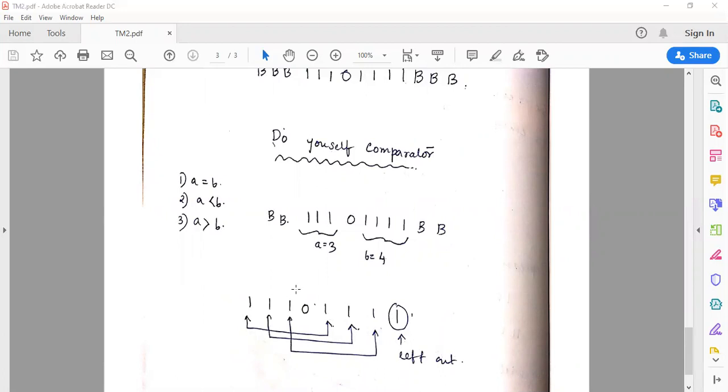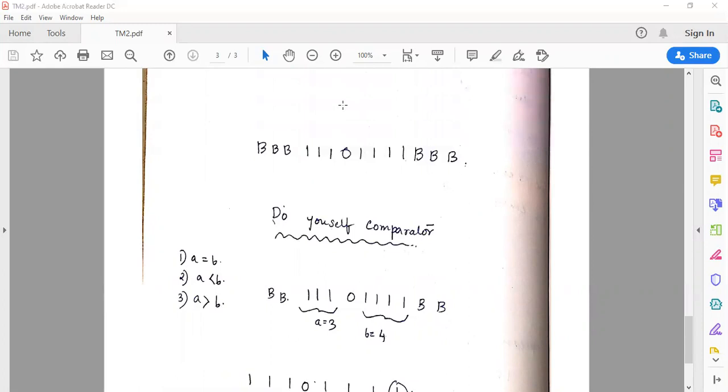Okay, so if I try to draw the process, not the transition diagram actually, but the tape structure. So this is my initial tape structure. I start from this 1, I change this 1 to X, and I keep on moving towards my right. The first 1 that I encounter after 0, I'll change that to X. So I am basically comparing this one with this one, right?